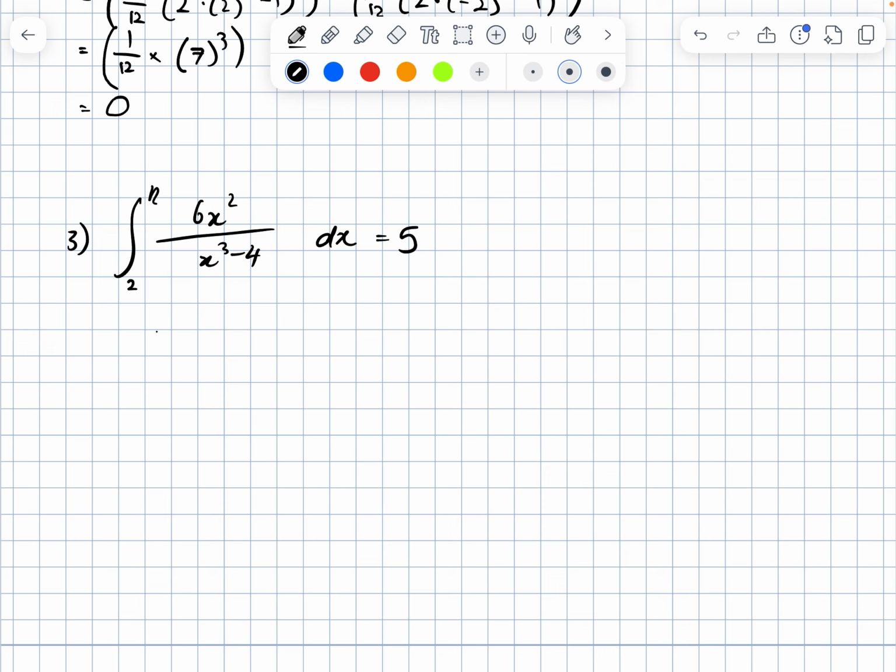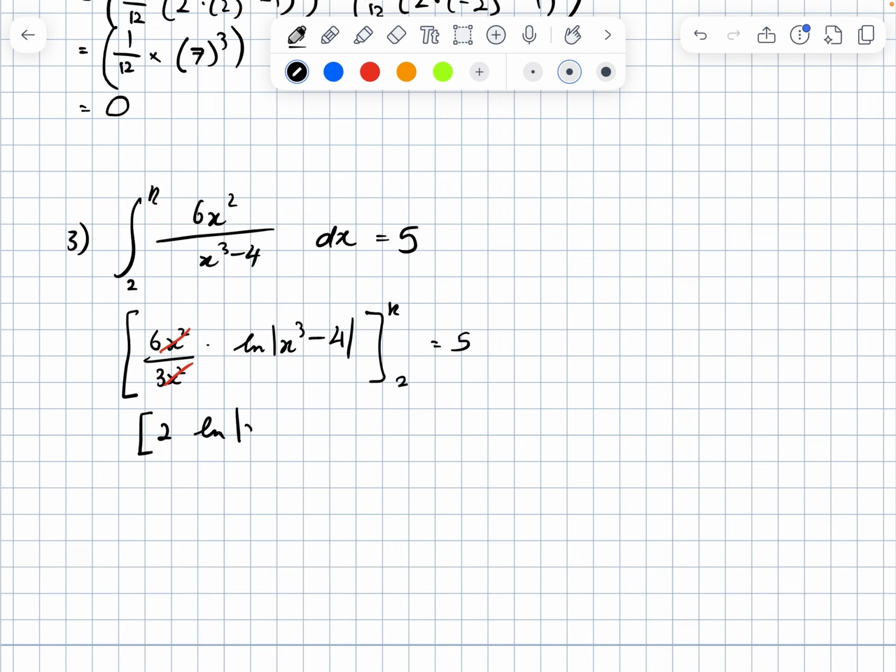To do that, I'm going to bring that 6x squared to the side just for now, times by ln of x cubed minus 4. Then I'm going to divide by the derivative of the bracket, 3x squared. That will be between k and 2. That will equal 5. Those x squareds cancel, and we get 6 over 3 is 2.